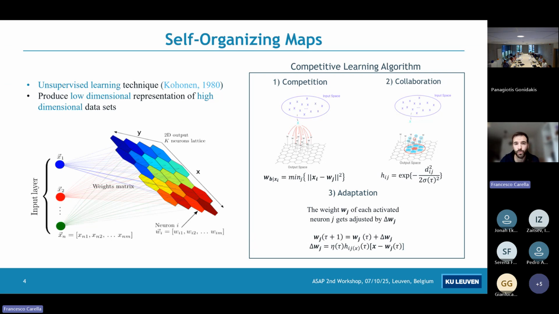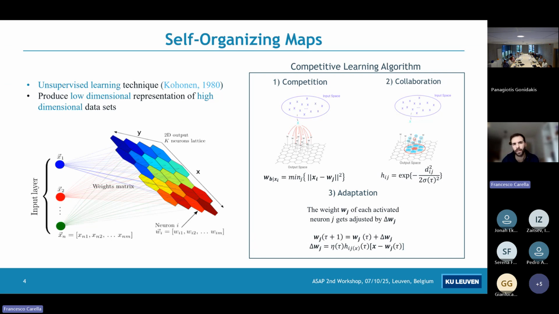We present it to the network, which is a matrix of weights, and you find the best matching unit, which is basically the neuron closest to the input data. Then you find a neighborhood defined by a Gaussian function, as you can see on the right. Once you identify this neighborhood, you shift these weights towards the input data.